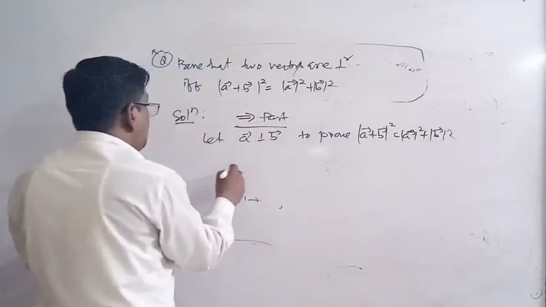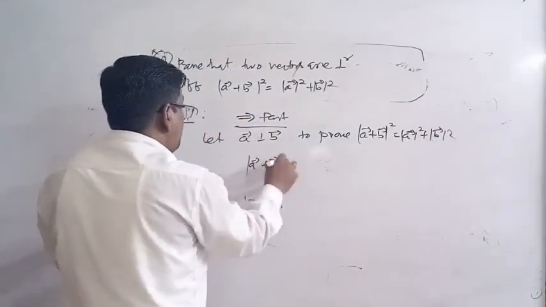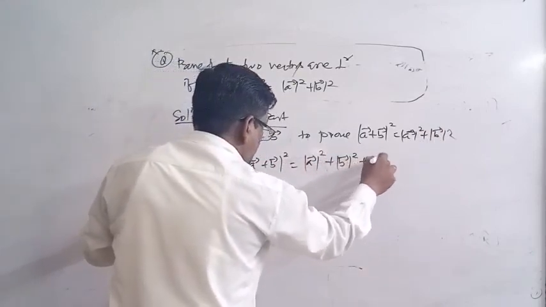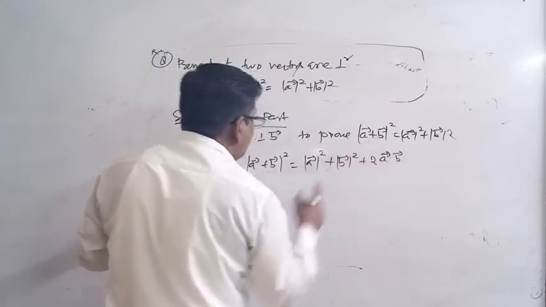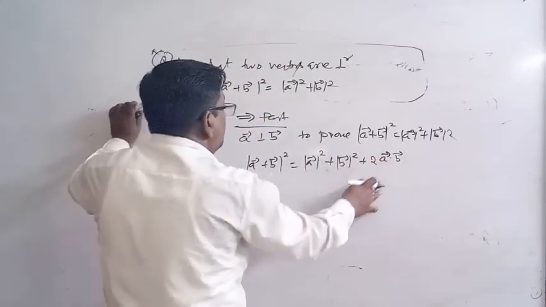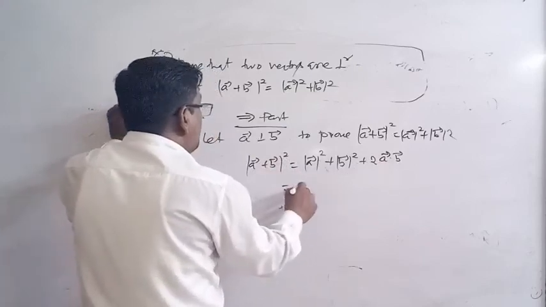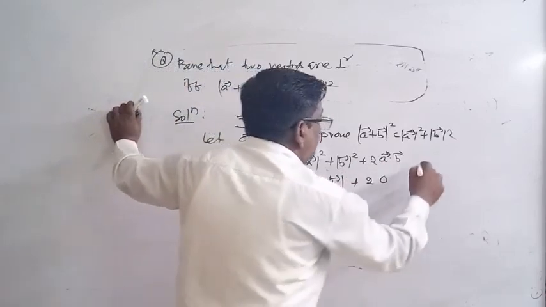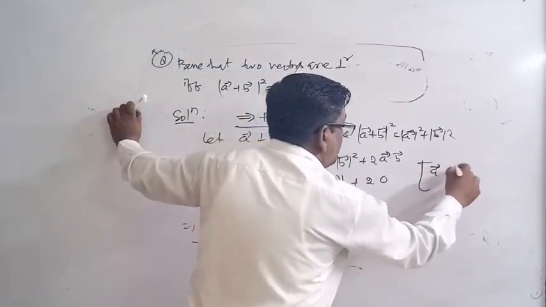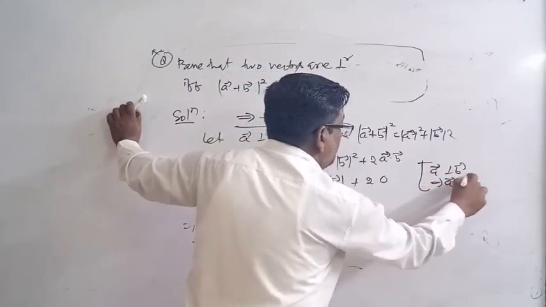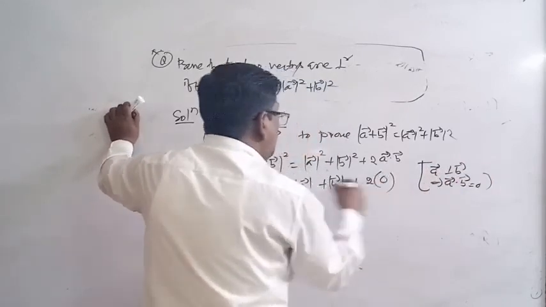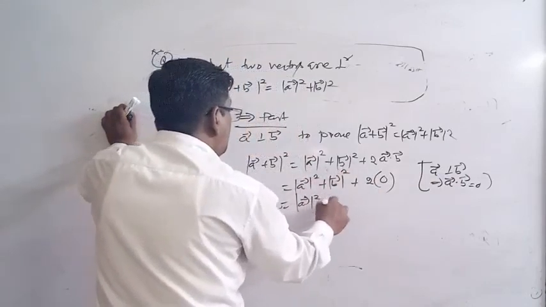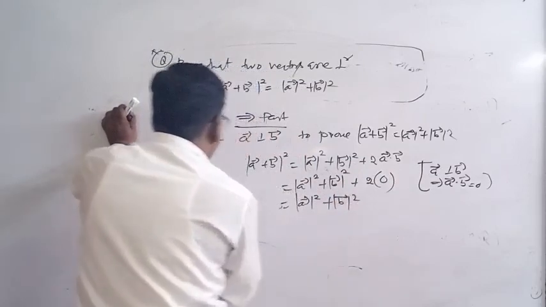By the formula, magnitude of A plus B square means magnitude of A square plus magnitude of B square plus 2 into A dot B. Since A vector is perpendicular to B vector, A dot B is equal to 0, so this is 2 into 0. So this is equal to magnitude A square plus magnitude B square. So proved.